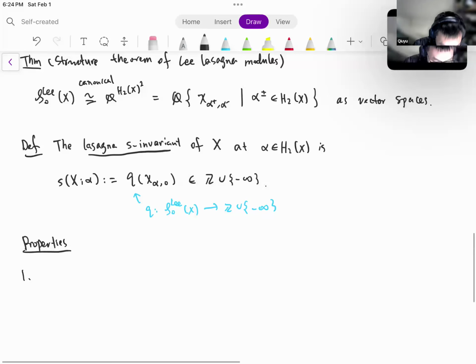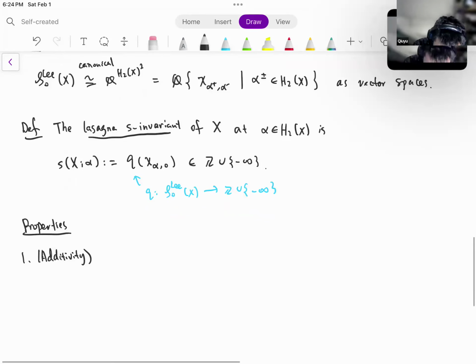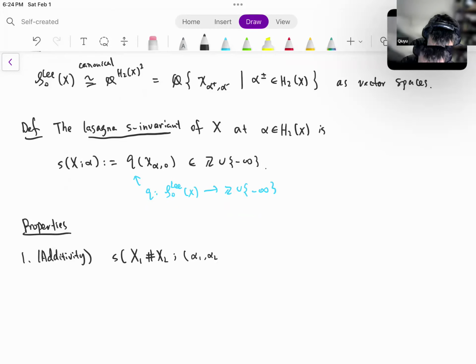The first property I want to talk about is additivity. This says that if you have two different four-manifolds X1 and X2, and you take the connected sum of them, then if you specify a second homology class to be (alpha 1, alpha 2), where alpha i is a second homology class of Xi, then the s-invariant of this class is probably as you expect.